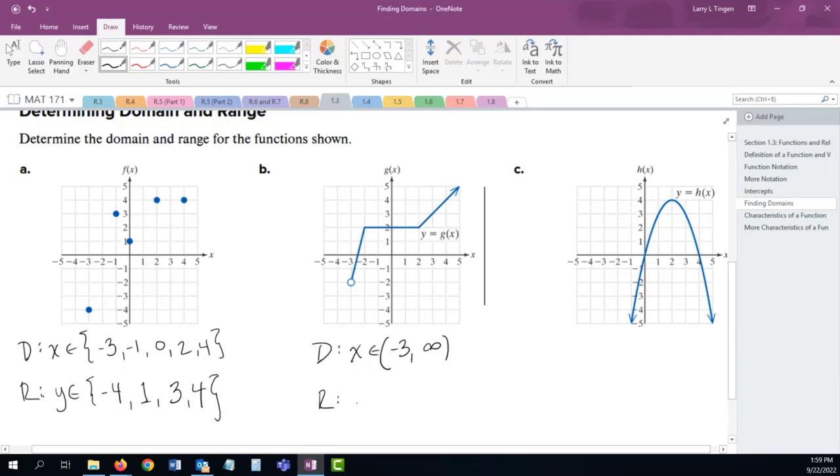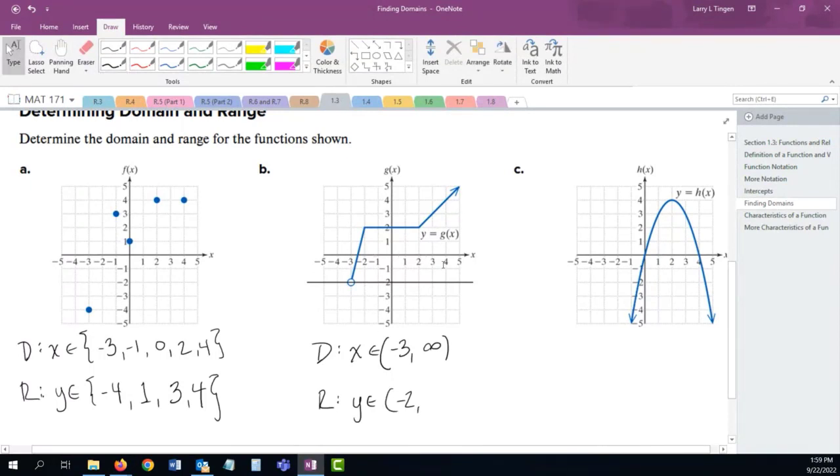About the range. Same game, right? So for the range, I get my line. I'm going to start at the bottom and work my way up. The first place I get close to touching the function is -2. I don't actually touch it there, so that does get a parenthesis.